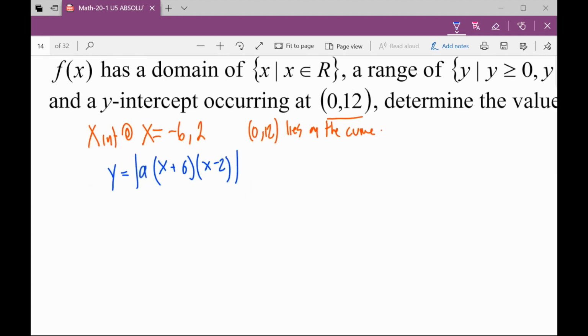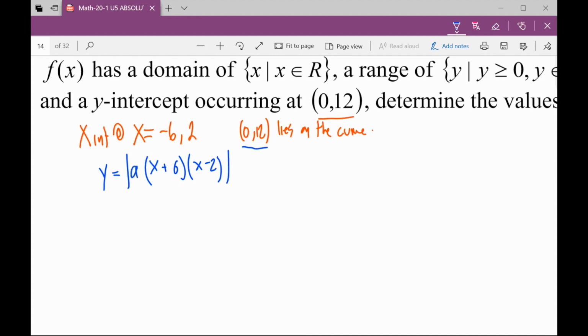But we also know that because this point is on the curve, we can substitute 0 for x and 12 for y. So let's go ahead and do that now. We'll have 12 equals the absolute value of a times (0 plus 6) times (0 minus 2). Cool. And when we sort this out, 6 times -2 is -12.